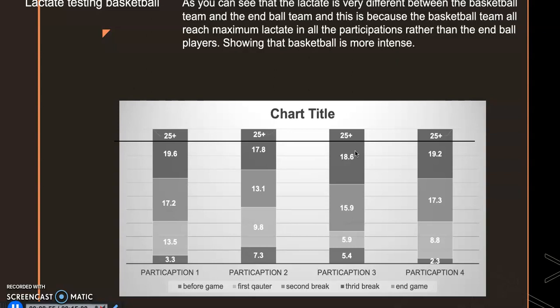This was a live game situation, so they might have been putting in different work rates in order to make sure that the game passed where it needed to be, compared to the ball game where it wasn't as intense, because it was more there for the fun and getting to know about how lactate and the GPS system works.